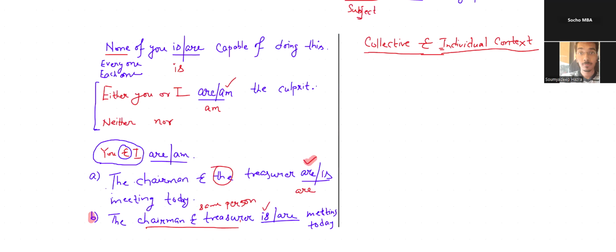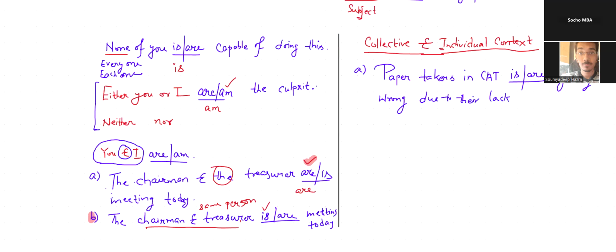Now, in the context of yours, that A option: paper takers in CAT, is or are getting wrong due to their lack of knowledge in the basics.